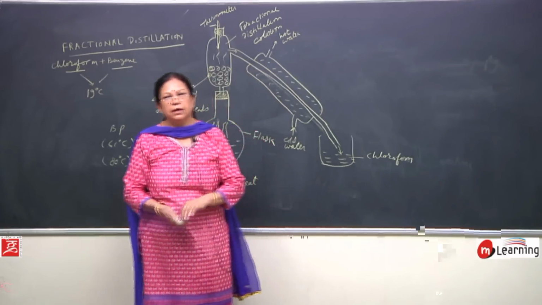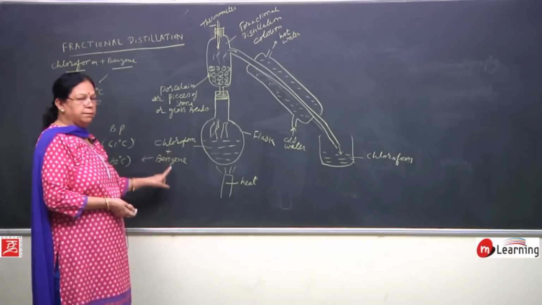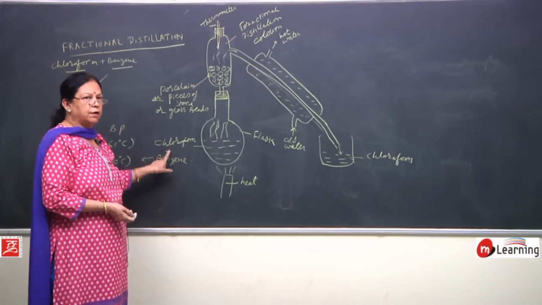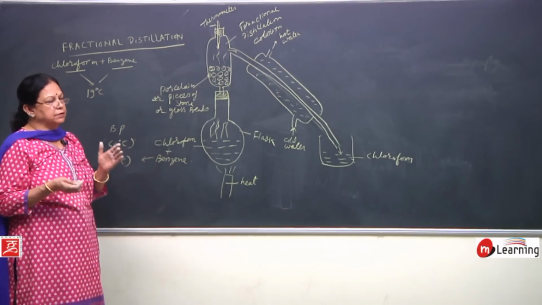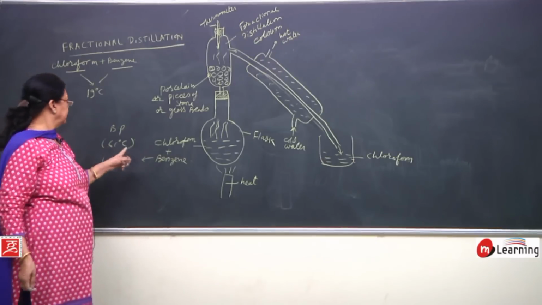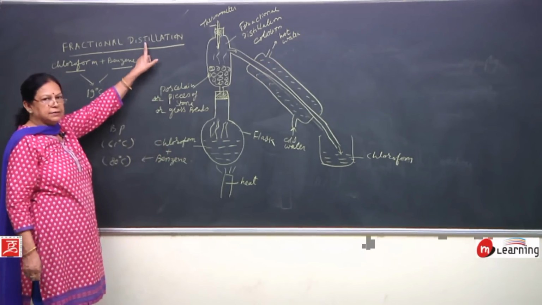So in this way you can separate the mixture of chloroform and benzene. The difference in the boiling points is not much, one is 61 degrees, one is 80 degrees. Here we do the distillation.